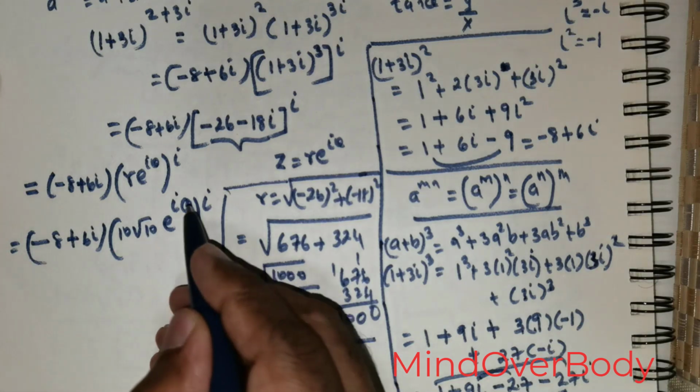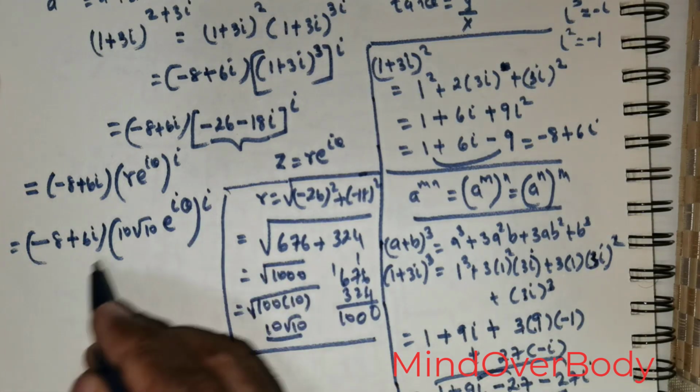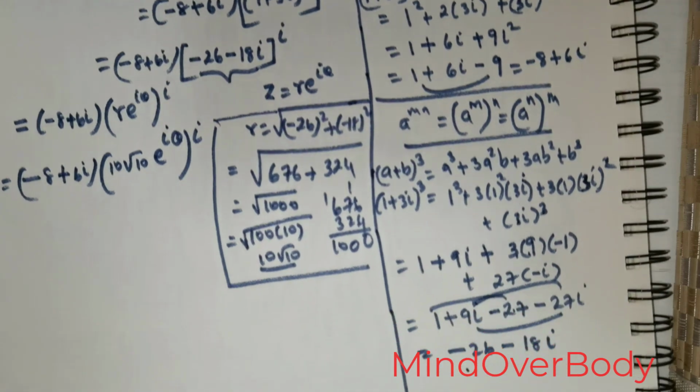Now if I were to multiply these two components, let me rewrite this in the space here.